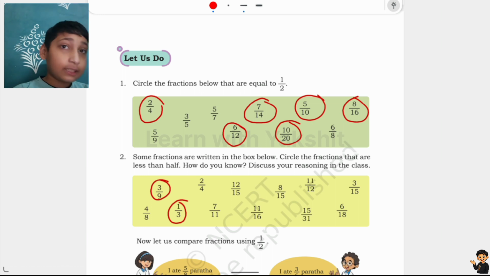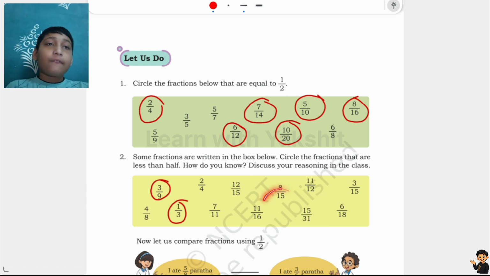So we obviously see in front of us that 12 upon 15 is not less than half. 11 upon 16? No. 16's half is 8, not 11. Now here comes something.